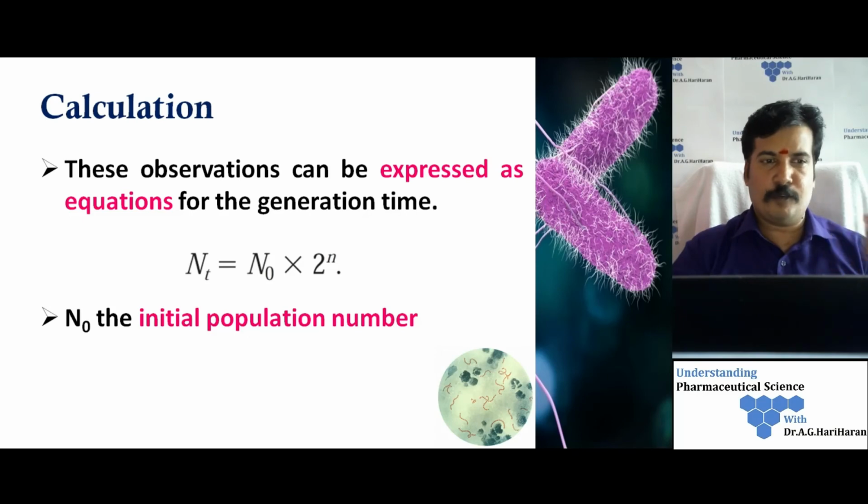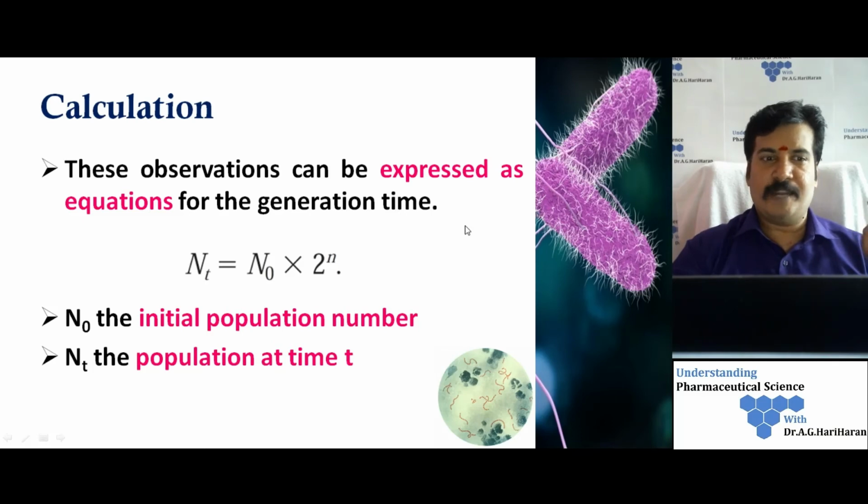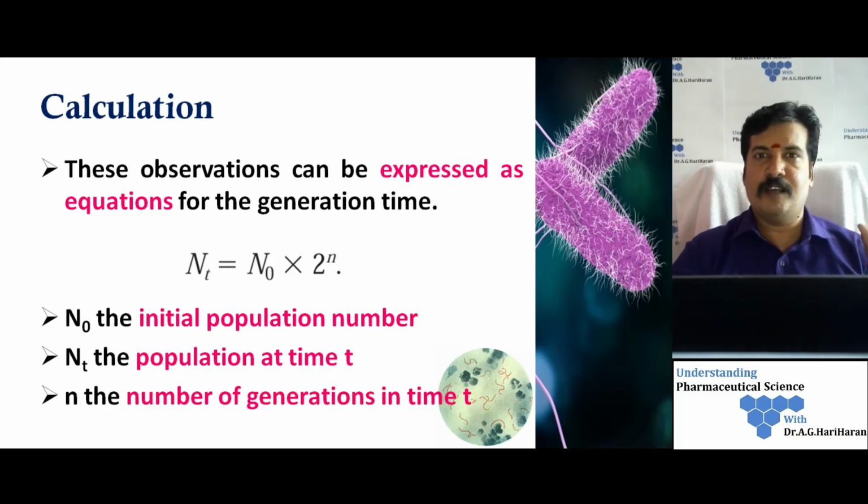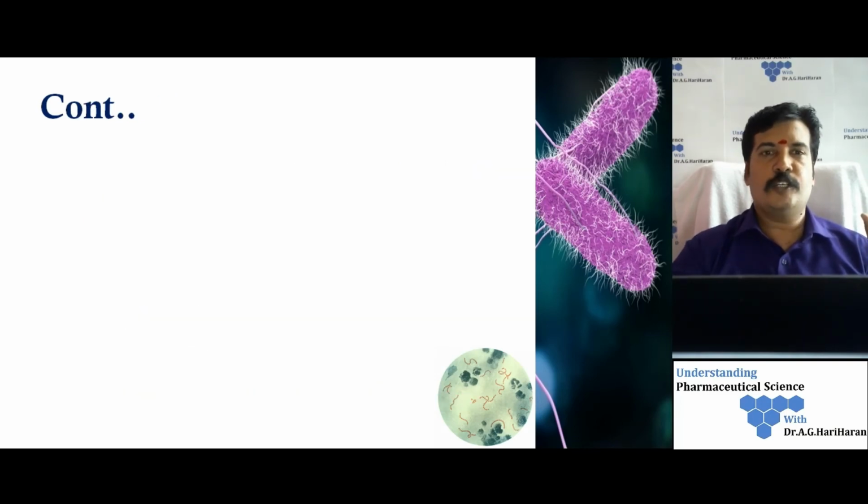If the initial population is 1, after 1 generation, 2 to the power 1, 1 into 2, we have 2 cells. That is the Nt, right? So Nt is the population at time t, n is the number of generations. This is the basic formula we are starting with: Nt is equal to n0 into 2 to the power n, right?